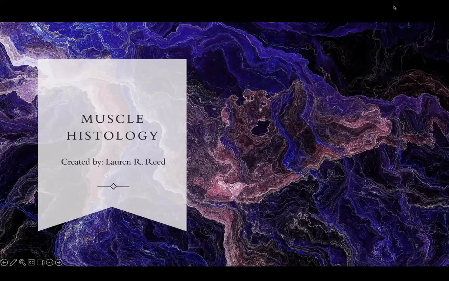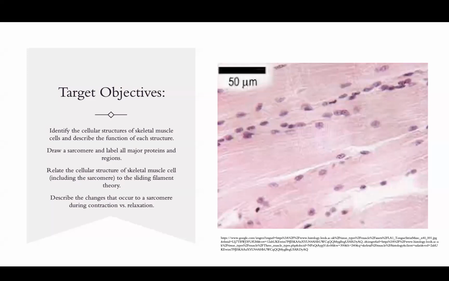This is my presentation on muscle histology. The target objectives for this presentation, there are 4 of them. The first is to identify the cellular structures of skeletal muscle cells and describe the function of each structure.